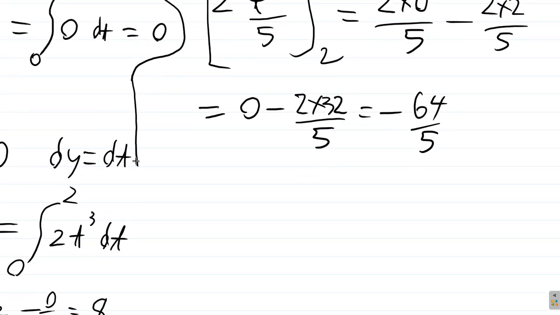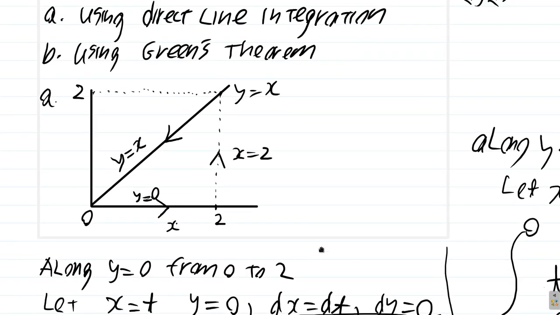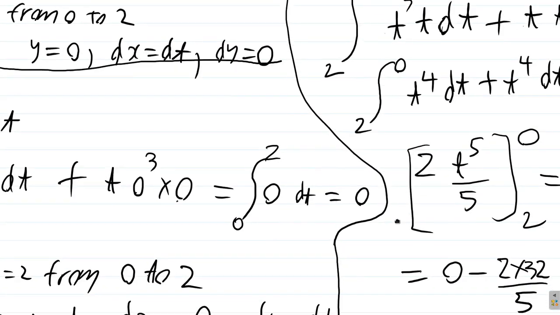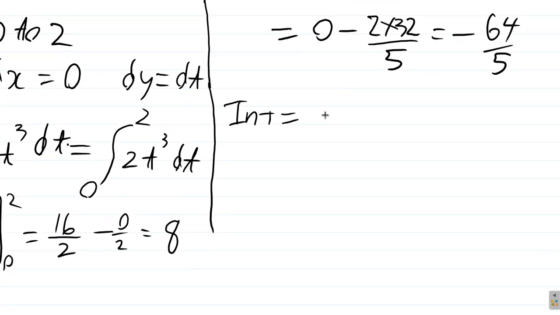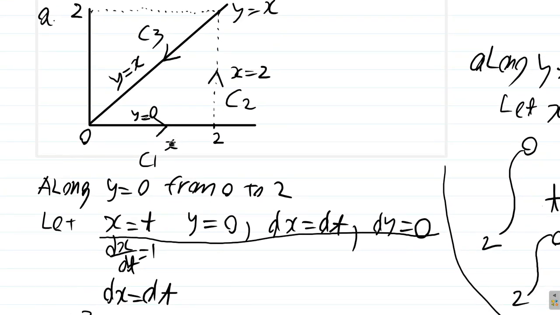Now, if you want to give these names and say this is along curve 1, this is along curve 2, this is along curve 3, you add up all the paths together: C1 plus C2 plus C3. C1 is going from 0 to 2 along y equals 0.